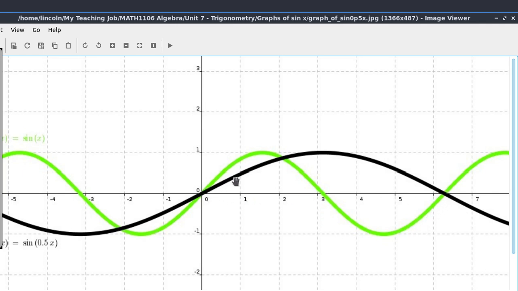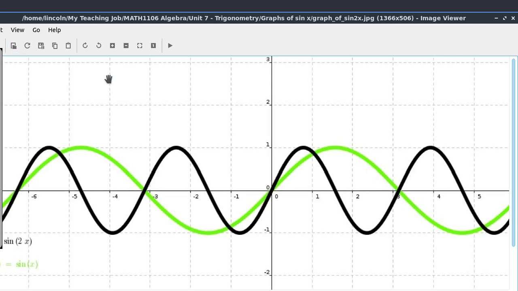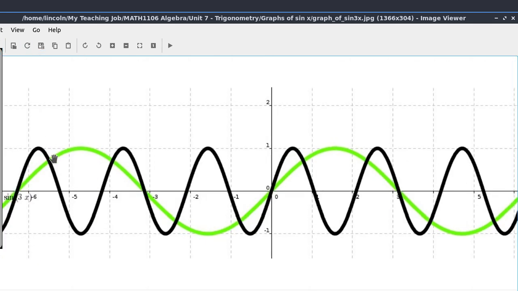The modified graph goes through only half a cycle, right? So when the green graph goes through 2 cycles, the modified graph goes through only 1 cycle. 2x here, sine 2x means you double the frequency, right? 3x, you triple the frequency.